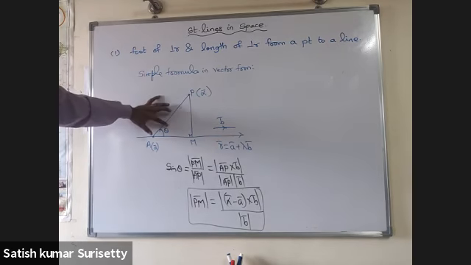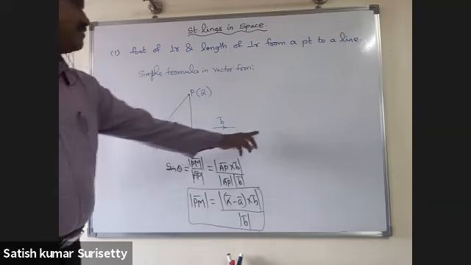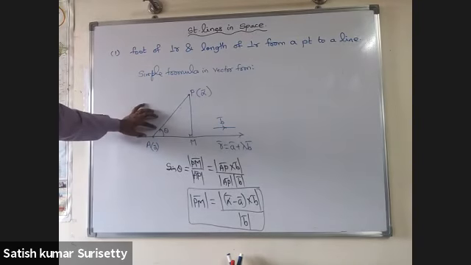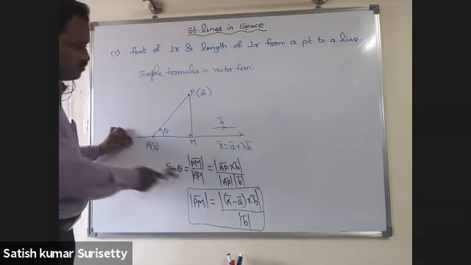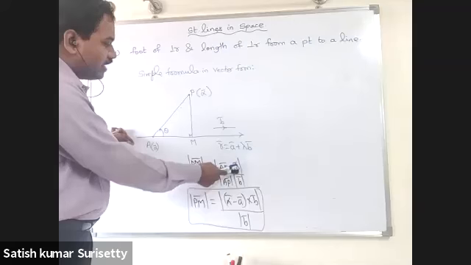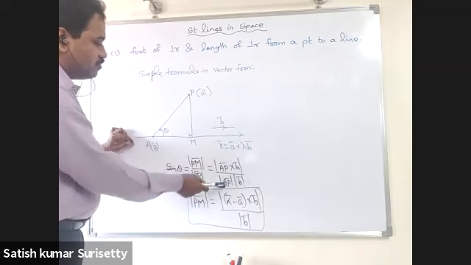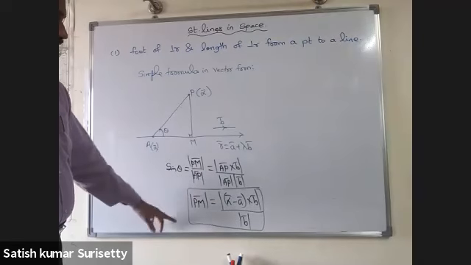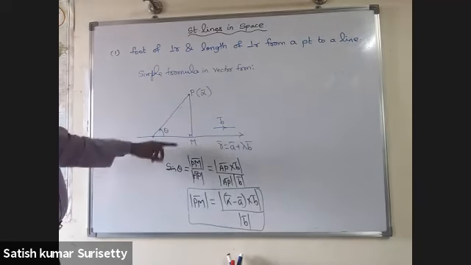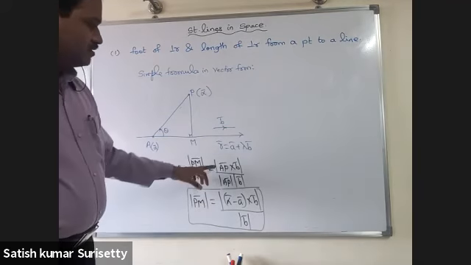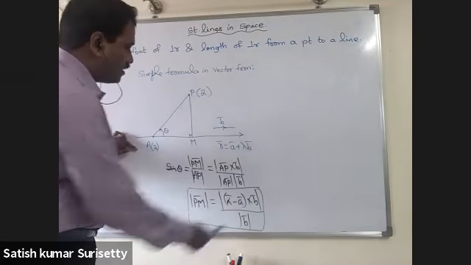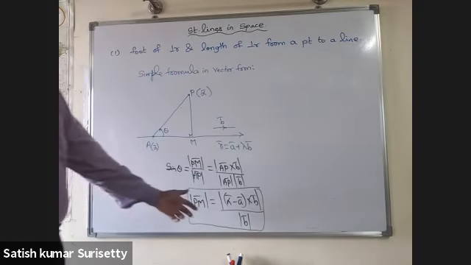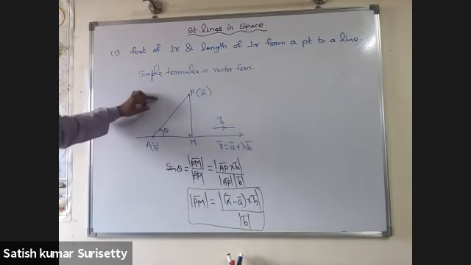So when theta is the angle between AP bar and the line, sin theta will be PM upon AP. Again, sin theta in terms of the cross product is modulus of AP bar cross b bar upon modulus of AP bar times modulus of b bar. So AP will get cancelled, which implies the length of the perpendicular from the point P to the line, modulus of PM bar, equals modulus of (alpha bar minus a bar) cross b bar upon modulus of b bar. So this is a simple formula to find the length of the perpendicular from a point to a line.